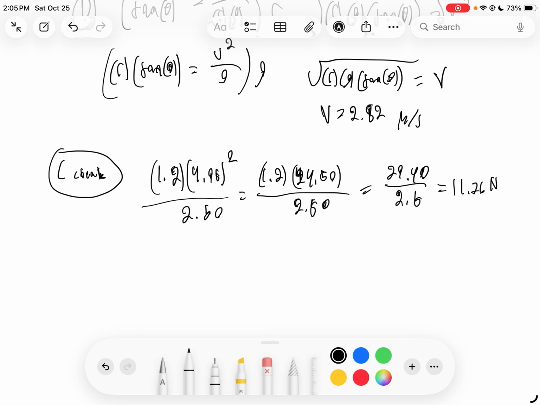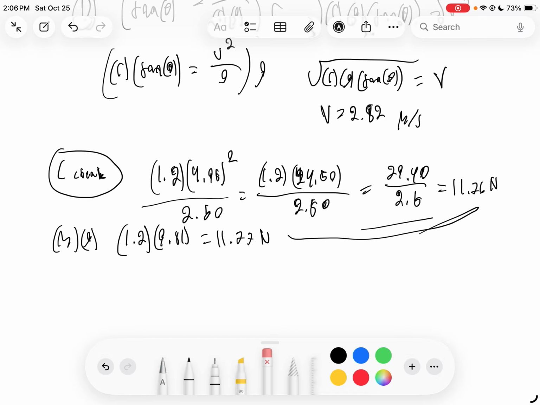Obviously there is the right side of the function still, which is mass times gravity. So 1.2 multiplied by 9.81 as established before, which gives us 11.77 newtons, which these are within spec, if you want to call it that.